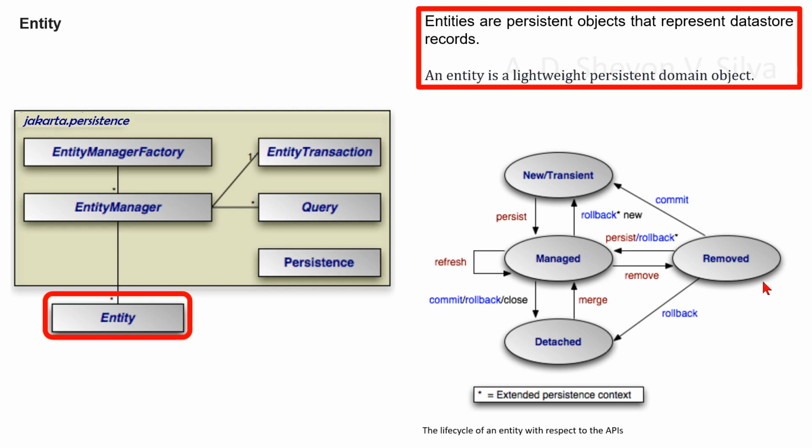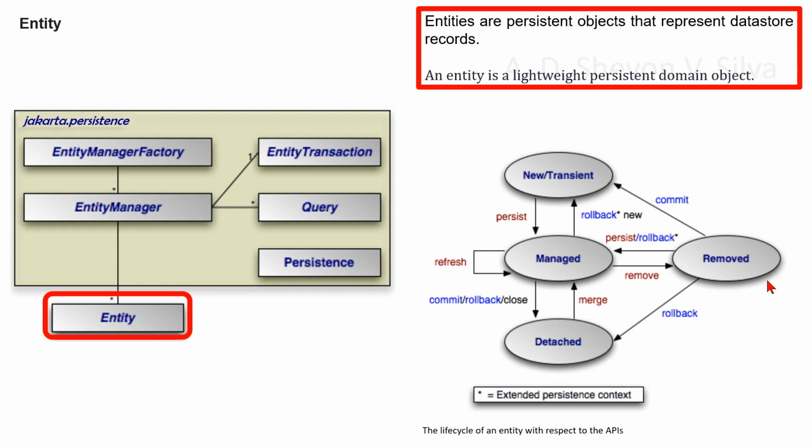Removal. A managed entity instance becomes removed by invoking the remove method on it or by cascading the remove operation. The semantics of the remove operation applied to an entity X are as follows.